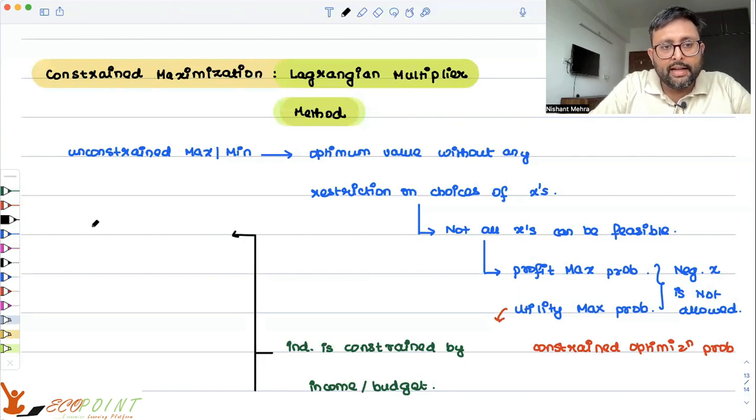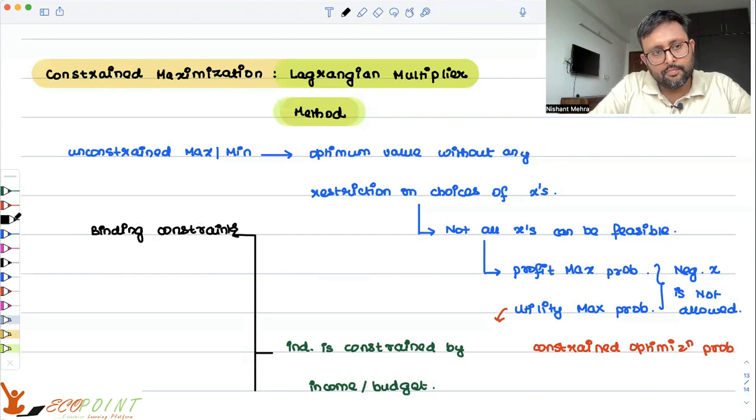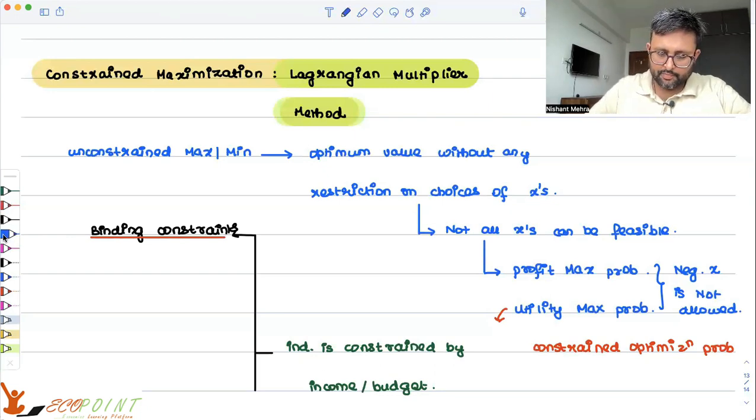Now, there can be constraints which are binding, right?